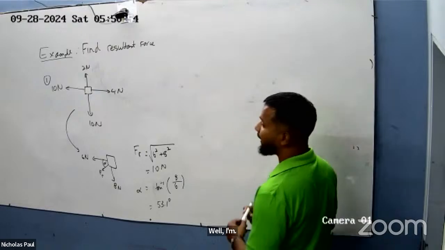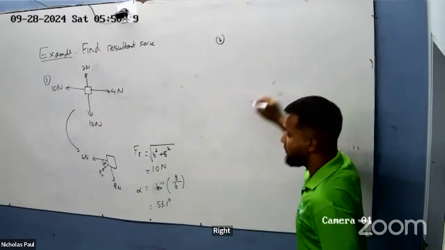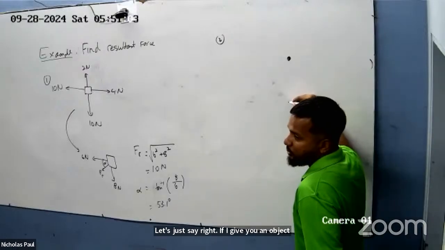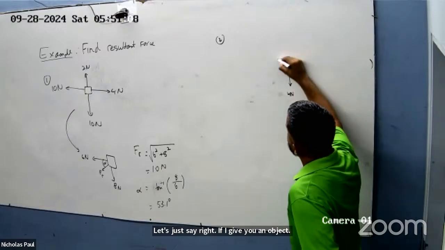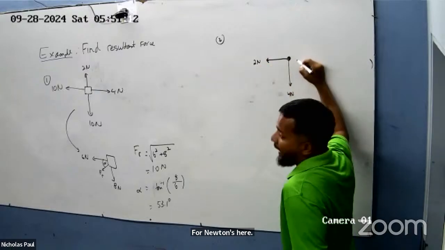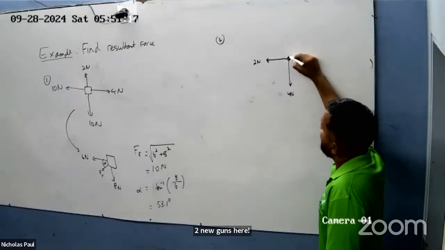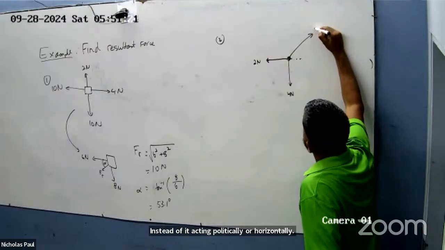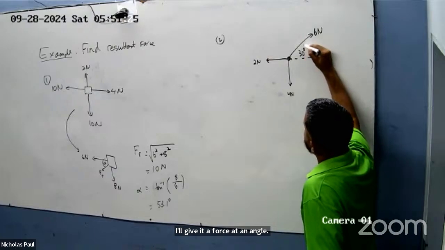Right, now to combine everything that we did so far. Watch this here. If I give you an object and the object has these 3 forces active, 4 newtons here, 2 newtons here, and instead of it acting vertically or horizontally, I'm giving you a force at an angle, let's say 6 newtons, and the angle is 30 degrees.